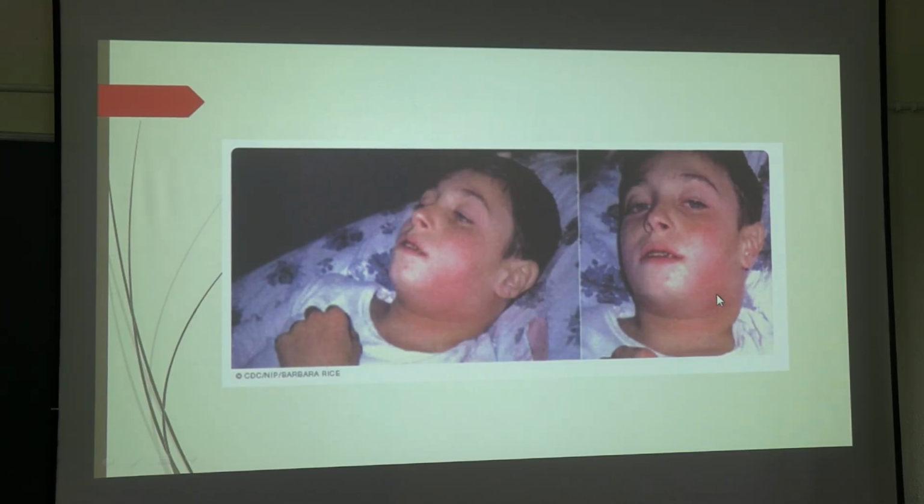Now the close differential of this swelling is the mumps. In mumps there will be swelling of the parotid gland, so where will the swelling be? In this area. But here you see neck swelling, whereas in mumps the swelling will be unilateral or bilateral parotid swelling, right? Yes.